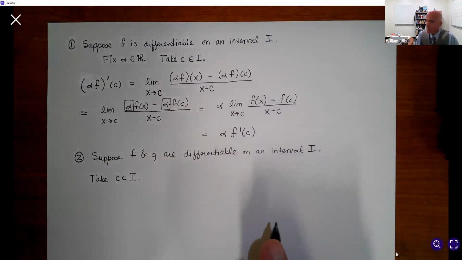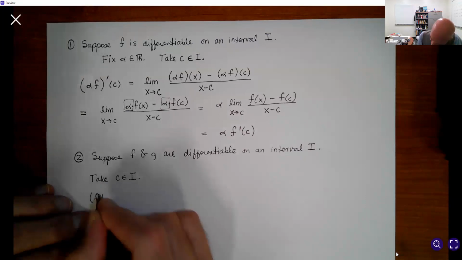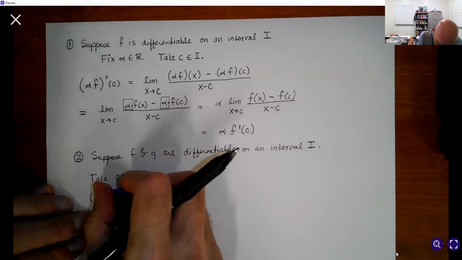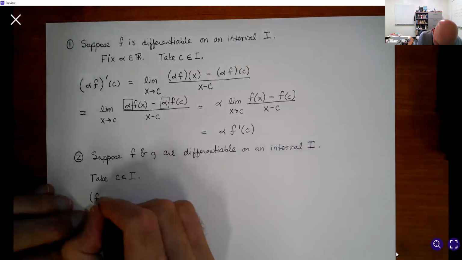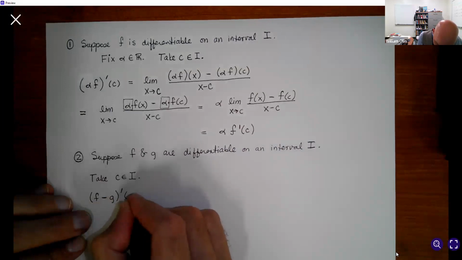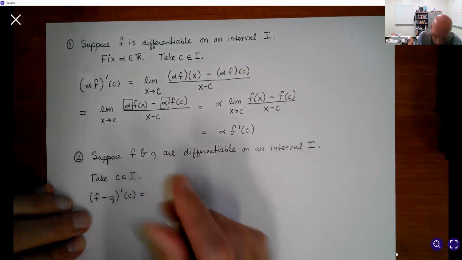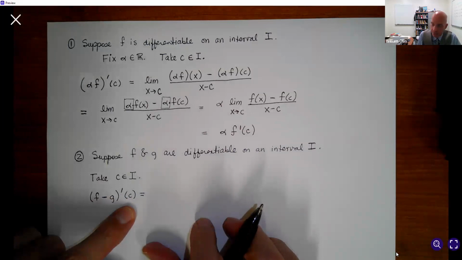Is that like limits? Can we do the same thing we do with limits? So we'll write it. I'm going to do the difference, so let me put the minus sign instead of the plus. So this is basically going to say, what is the derivative of the difference of f and g at c?